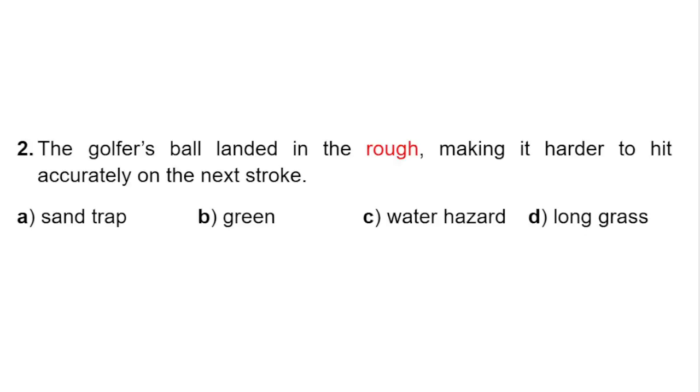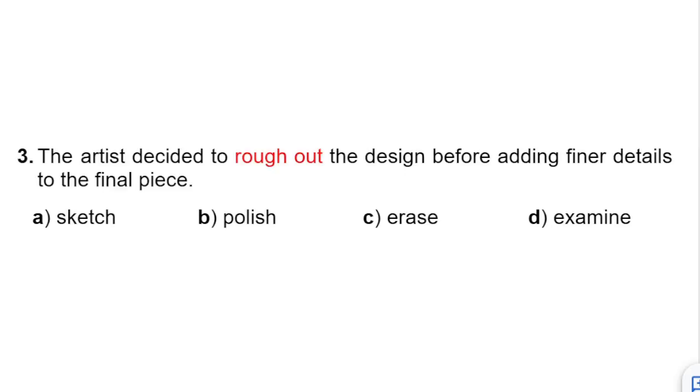The golfer's ball landed in the rough, making it harder to hit accurately on the next stroke. The answer is D. Long grass. Question 3. The artist decided to rough out the design before adding finer details to the final piece. The answer is A. Sketch.